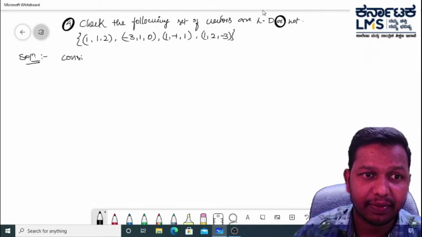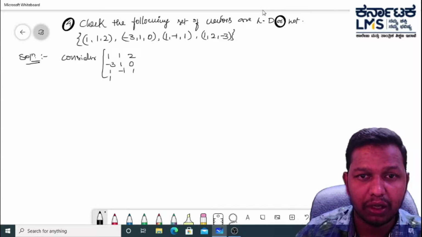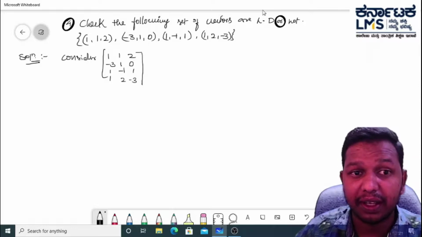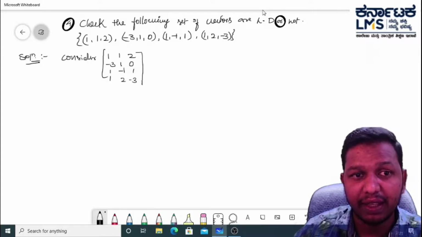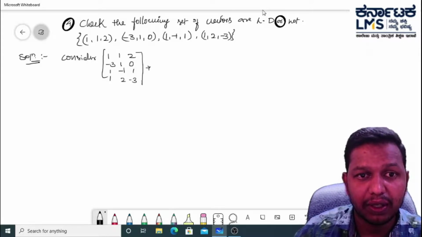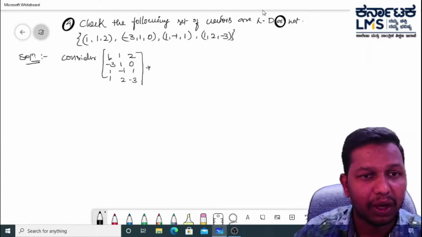Consider the matrix 1 1 2, minus 3 1 0, 1 minus 1 1, 1 2 minus 3. In row reduced echelon form, the leading term should be 1 and below that 1 all terms should be 0. So here clearly the leading term is 1.